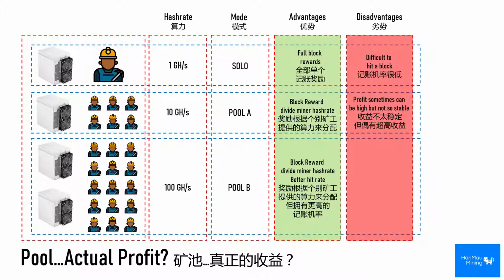The disadvantage for pool B is the reward will become lower, but it is stable because they have a high hit rate. So if you want to check the best pool, you can always go to poolwatch.io.